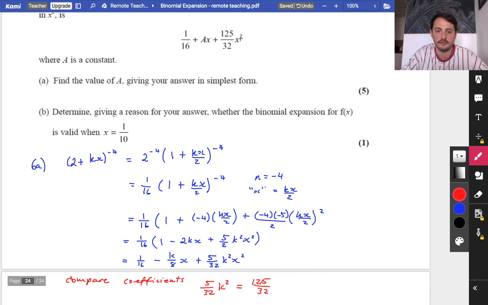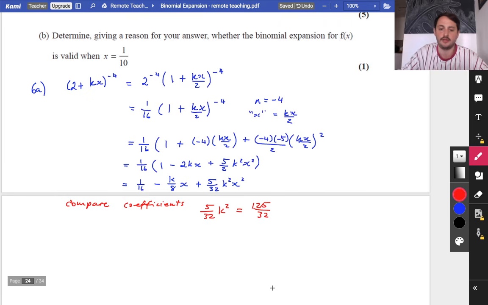Because the coefficient of x squared here is 5 over 32 k squared, and over here is 125. So I can multiply both sides by 32 and divide by 5. That gives me k squared is 125 over 5, which is 25. And so k is going to be plus or minus 5.